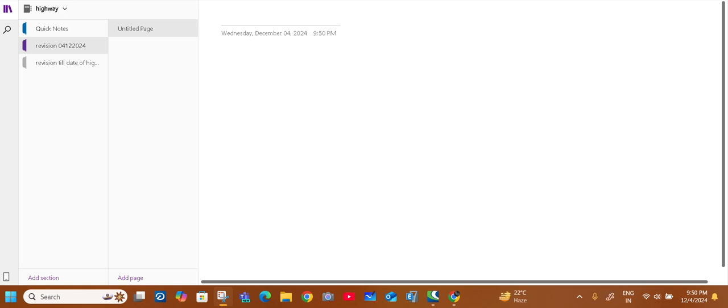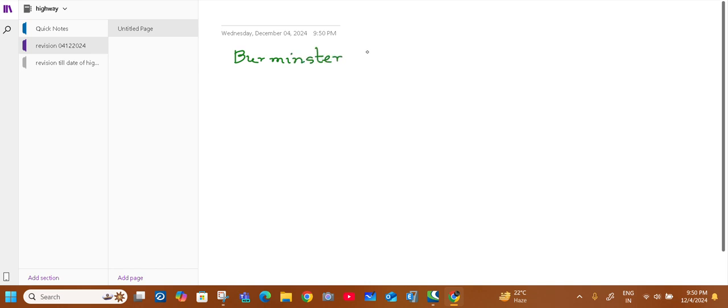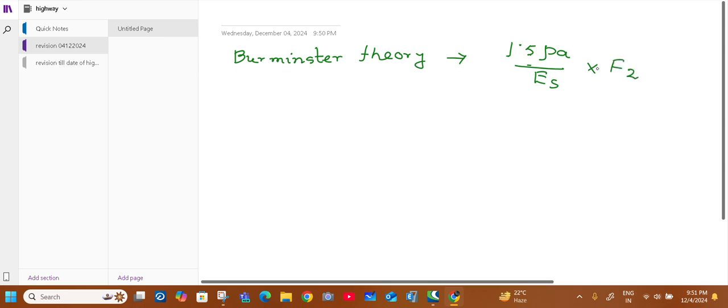So, according to the Burmister theory, for a rigid plate, delta equal to 1.5 Pa by Es into F2.